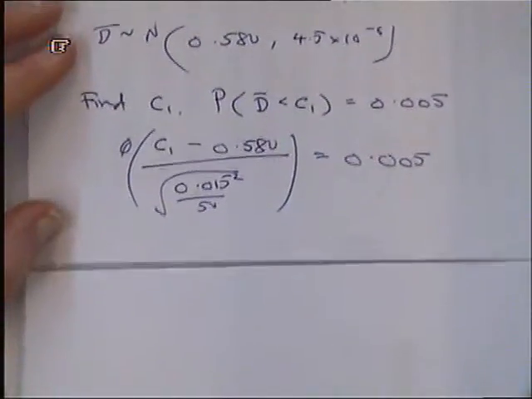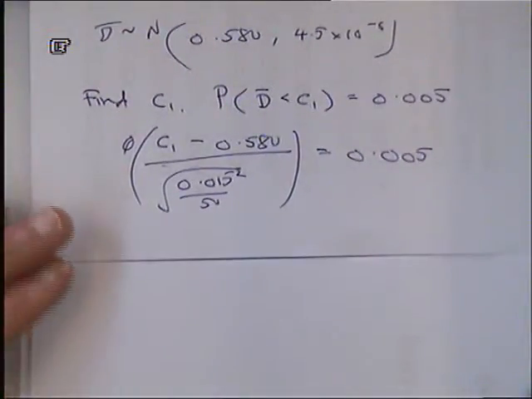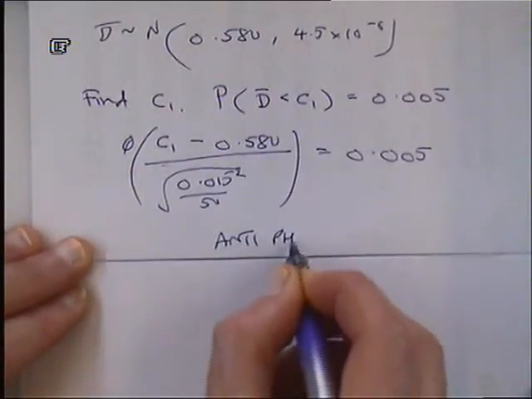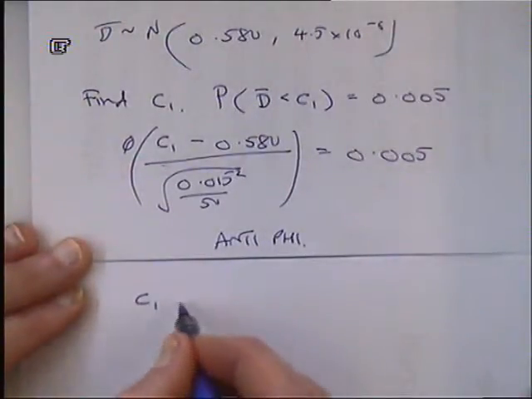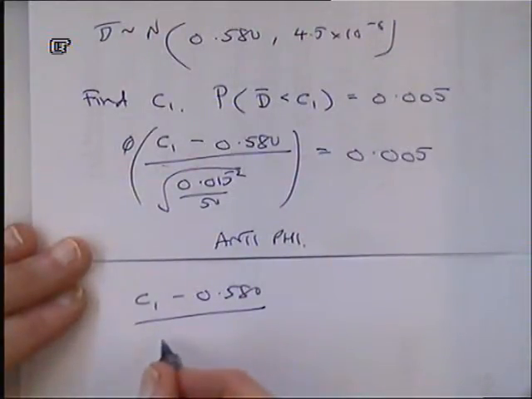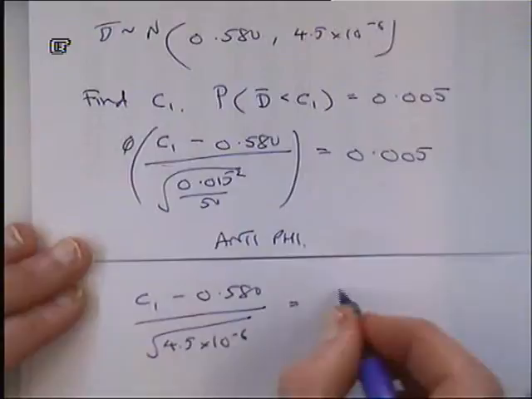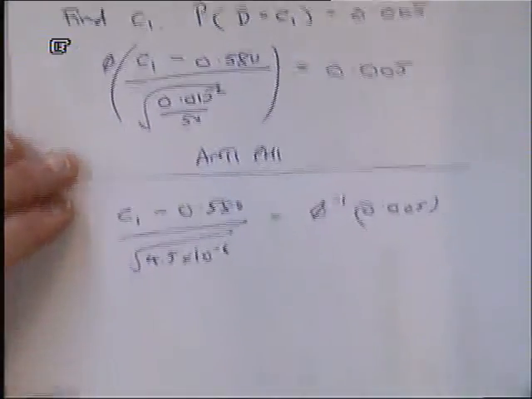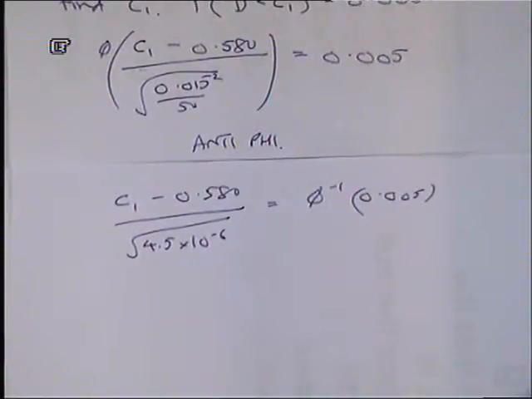And just like last time, what's the next thing to do once we've reached that stage? Anti-phi, yeah. Which on the left-hand side is just taking away the phi. I've got anti-phi of 0.005. Now that's where the problem comes. You can't anti-phi that.